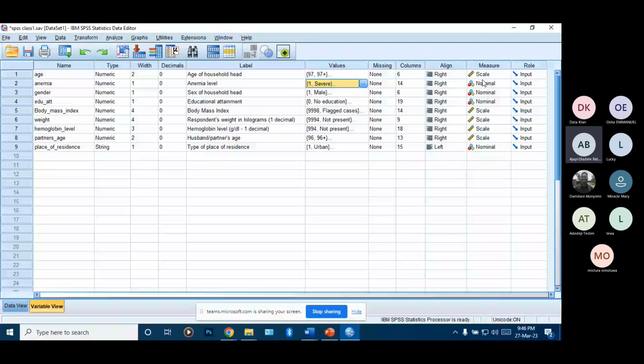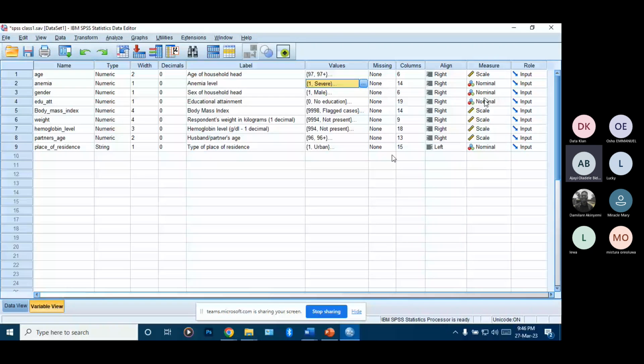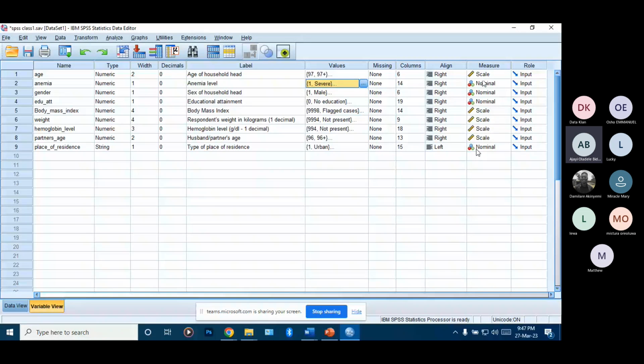The gender is categorical data, male and female. The educational attainment, body mass index, and so on like that. So they are already there. If you need this data set, you can request it for your own practice after the class.